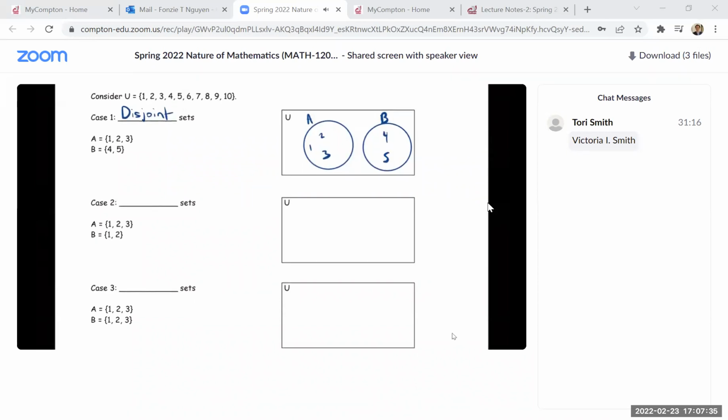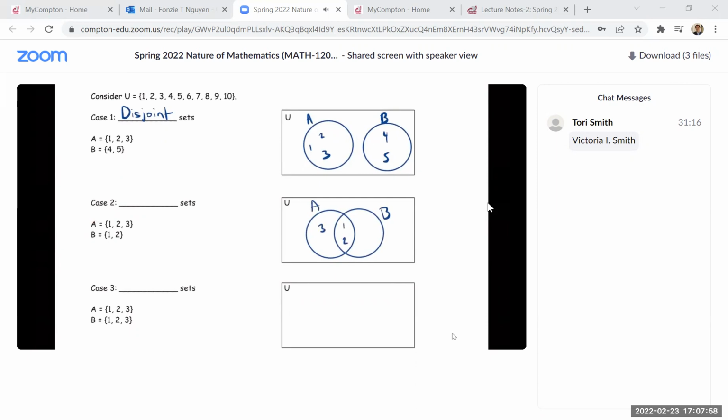Case 2. Do you see overlap here? Yes, for sure. So now we have to draw the circles so that they overlap. You'll put 3 in circle A, and then you'll put the 1 and the 2 in the overlapping space.